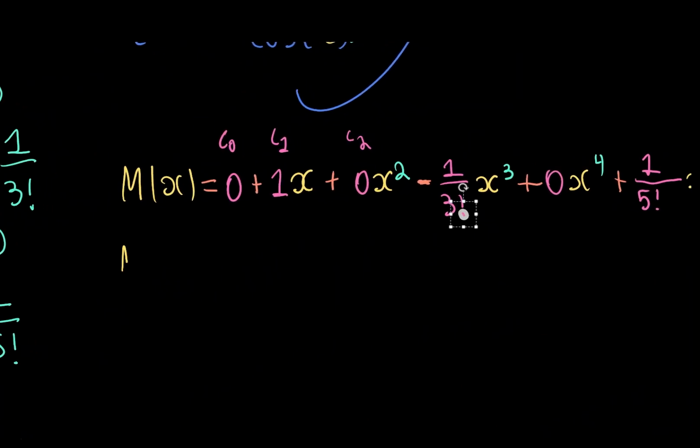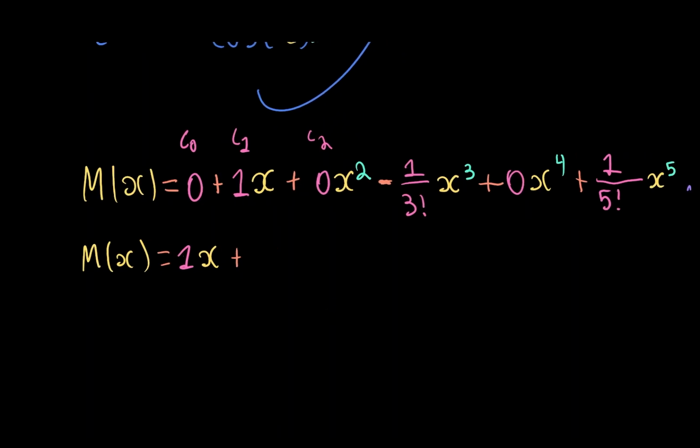So then it becomes m of x is equal to x, plus, that 0x squared disappears, right? So then it becomes negative 1 over 3 factorial times x to the power of 3.